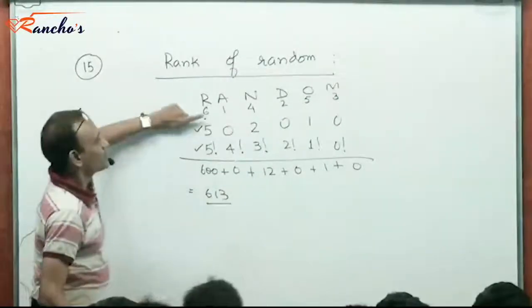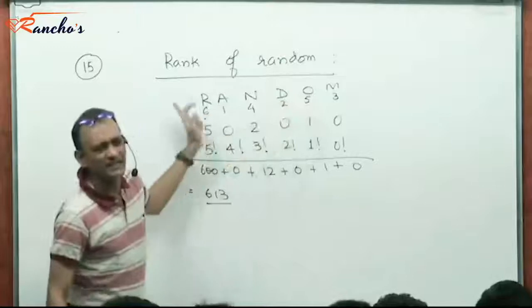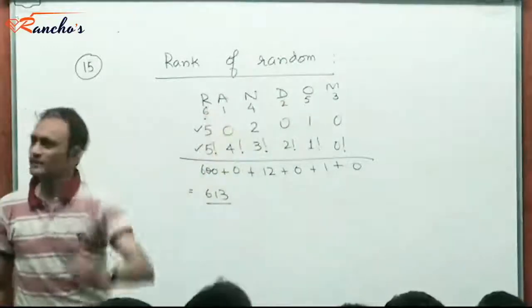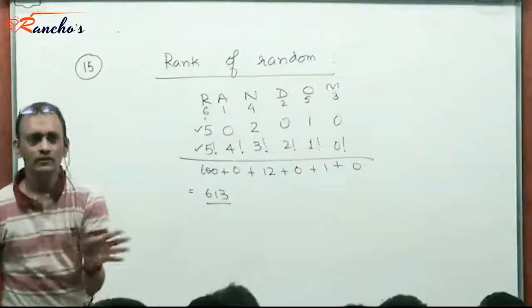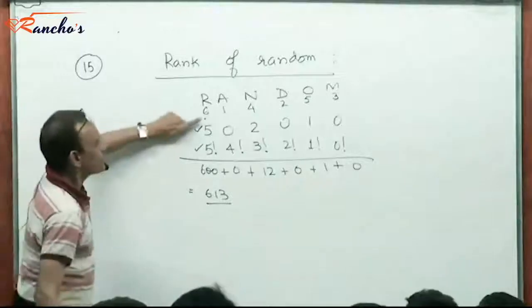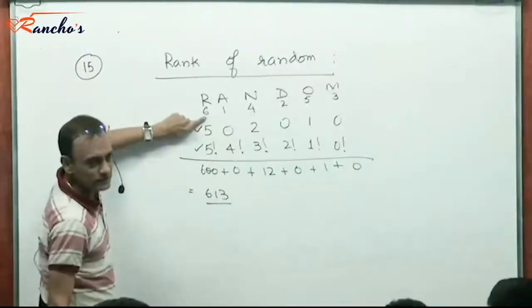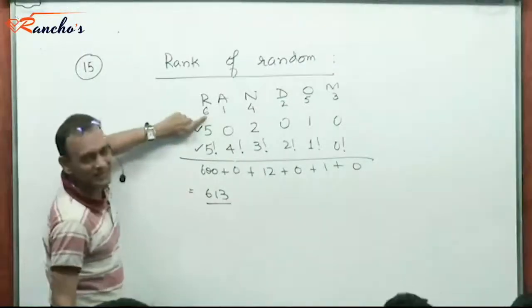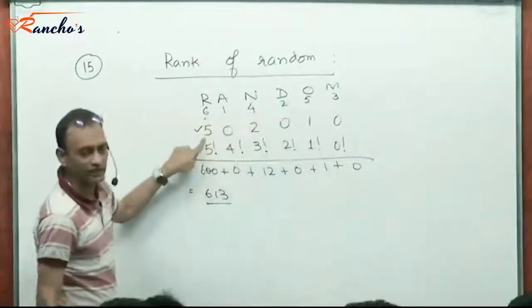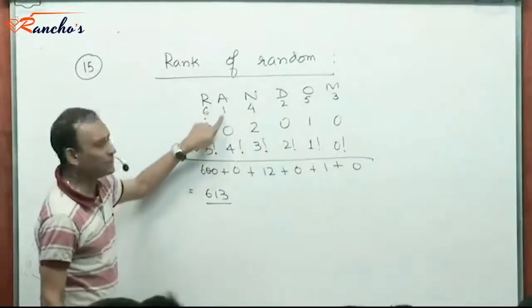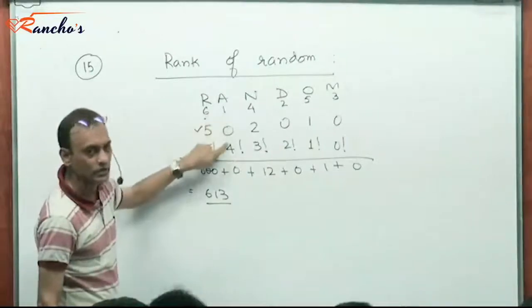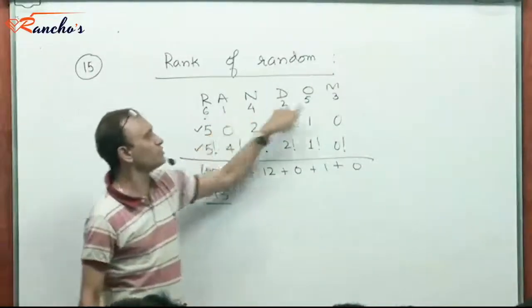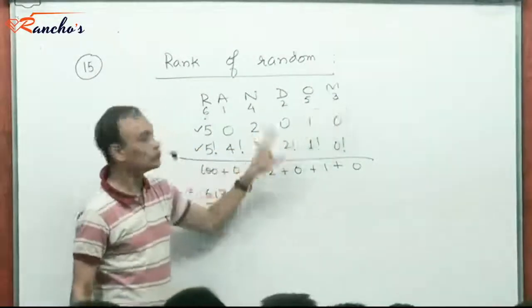Okay. So first of all, I ranked these letters in the manner in which they appear in the count. And then I look at this. How many numbers less than 6 to the right of this? 5. How many numbers less than 1 to the right of this? 0. Less than 4 to the right of this? 2 and 3. 2.